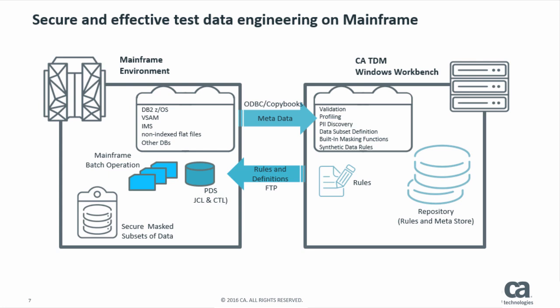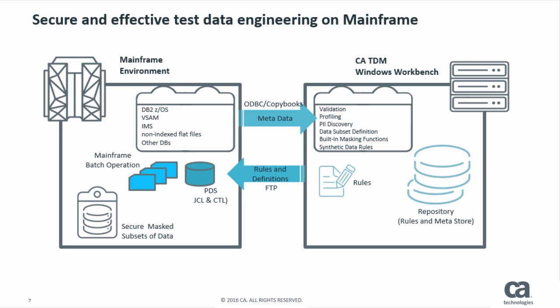So simply logging into the Windows platform, we will collect metadata from DB2 z/OS over the ODBC connection and store that as a part of our project, as a rule and a metastore inside the repository. Other RDBMS databases also offer ODBC connectivity, and we can perform a similar function to fetch the metadata for those too and store alongside our project inside our repository.